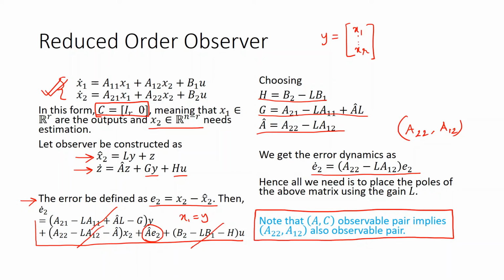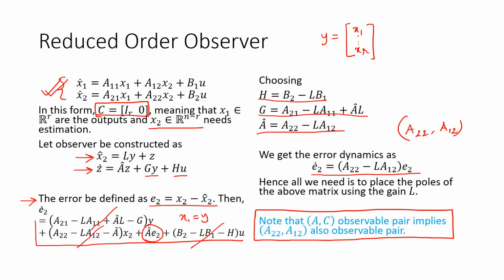In that system, the pair A22, A12 will also be an observable pair. So this statement comes without proof. However, there is a proof, so this statement is genuine.